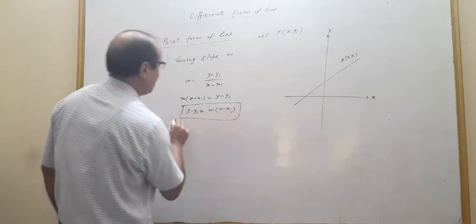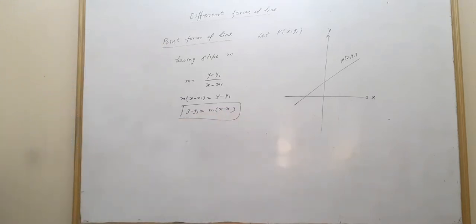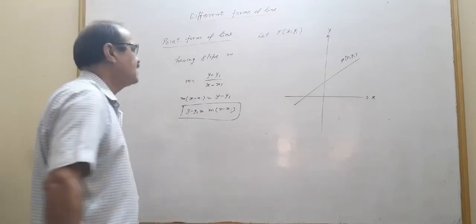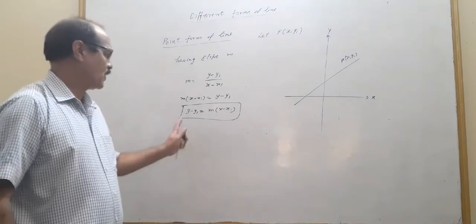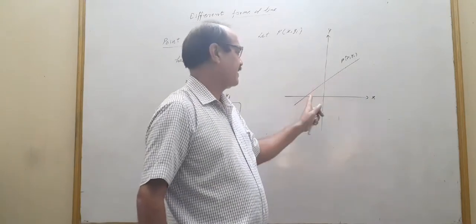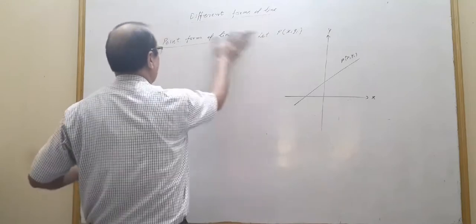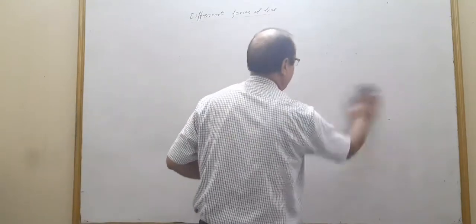So this is another form of line, the line which is passing through a point, also called the point form of line, because the line is passing through a fixed given point and makes some slope, that is, making some angle with the x-axis. Okay.